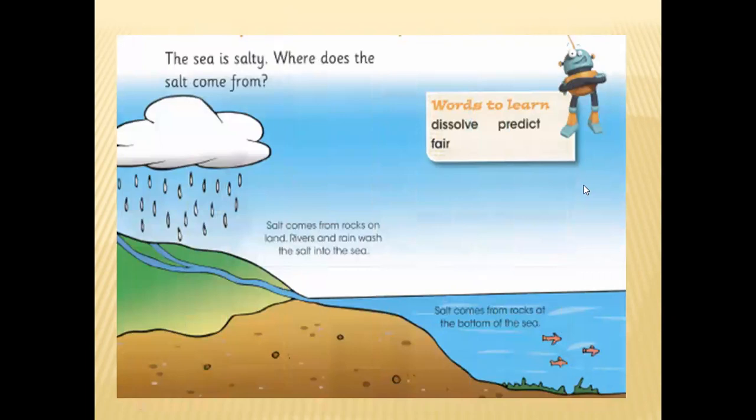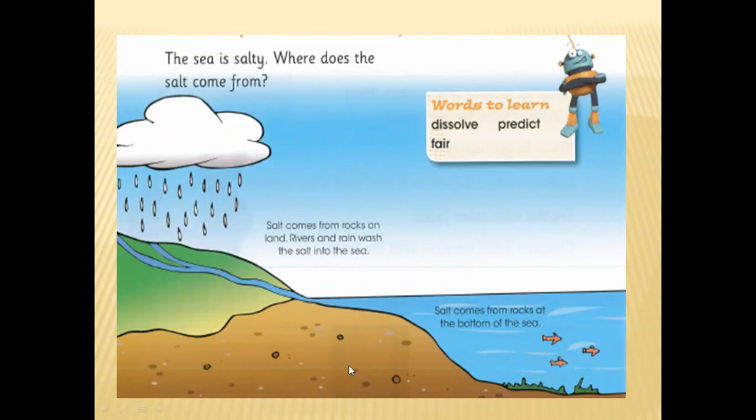So see here, you can see the picture in your learner's book. The sea is salty. Where does the salt come from? Here you can see from the clouds we get rain, okay? And it is making a river.